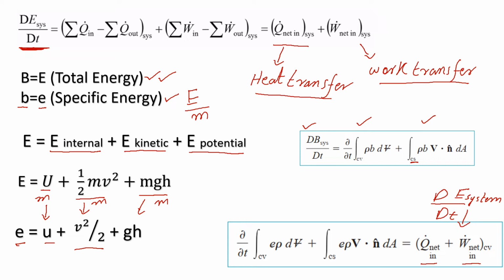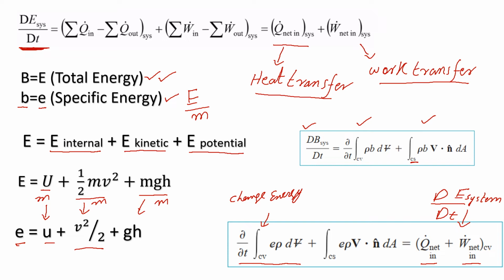Now let's look at these terms, that is the partial change inside the control volume with respect to time. So that is the change in energy inside the control volume.